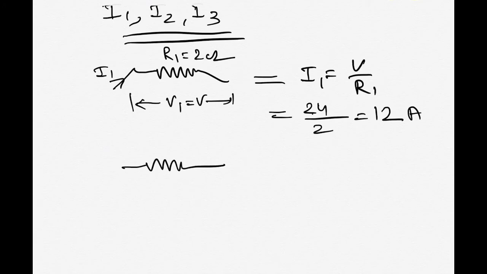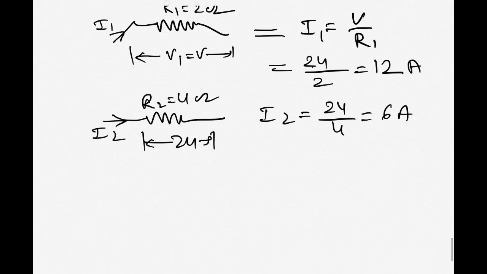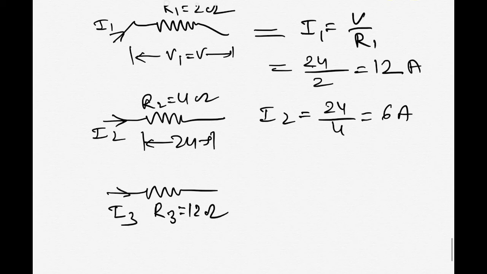In the case of R2, which is 4 ohms, again the current is I2 and the voltage drop is 24, right? So I2 becomes 24 divided by 4, which is 6 amperes. And we apply Ohm's law for the third resistor, R3, which is 12 ohms.